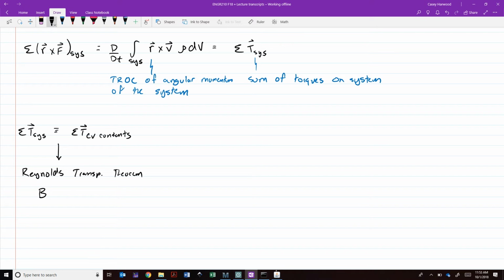So big B in this case, we've got dB_system/dt is equal to the integral over CV of d/dt of rho b dV plus the integral over CS of rho b V dot n dA. So there's our Reynolds transport theorem. What are we going to plug in for big B?